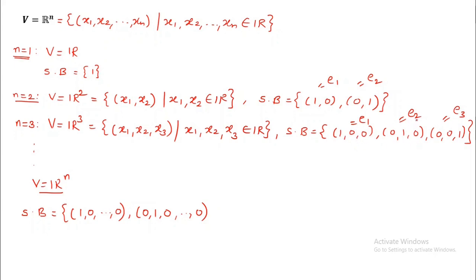Over here E2 means the second coordinate is 1, the rest of the coordinates are 0. Similarly, this is also E1, so over here the first coordinate is 1 and the rest are 0. And this will be continued, and at last we will have 0, 0, and so on, 0 and 1.